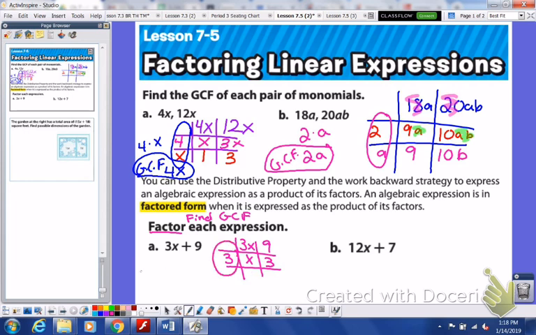My GCF goes to the outside. Then what's left inside? Notice they are both positive. You do not multiply them. This is my inside.